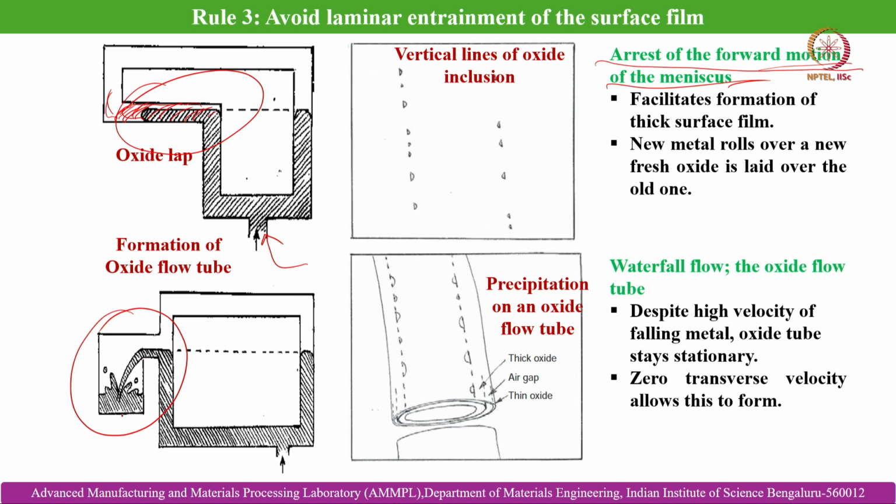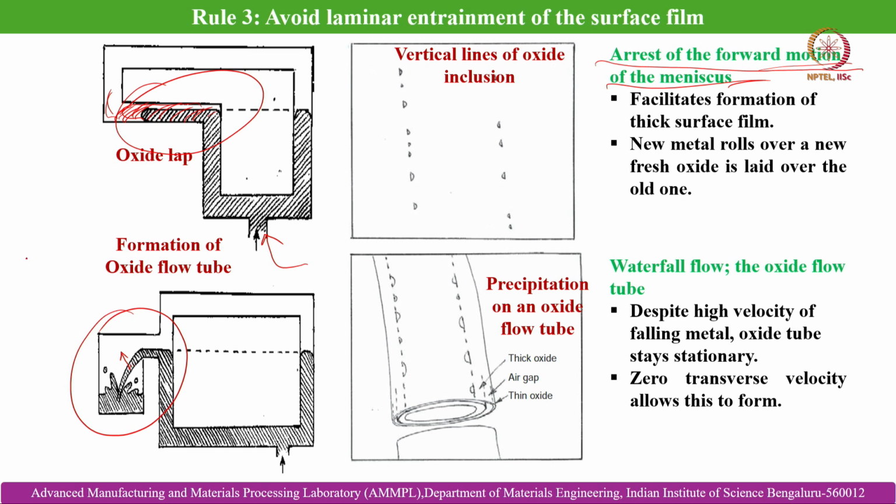Although the velocity is very high in the radial direction, perpendicular to this direction of the flow the velocity is basically 0. So, an oxide tube, if it forms at the top of it, may not be possible to be detected, and also it can very well form and get trapped.